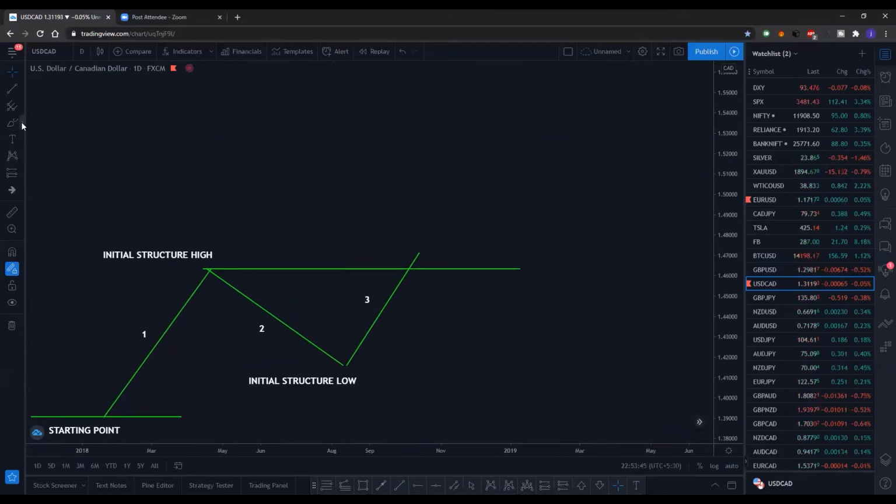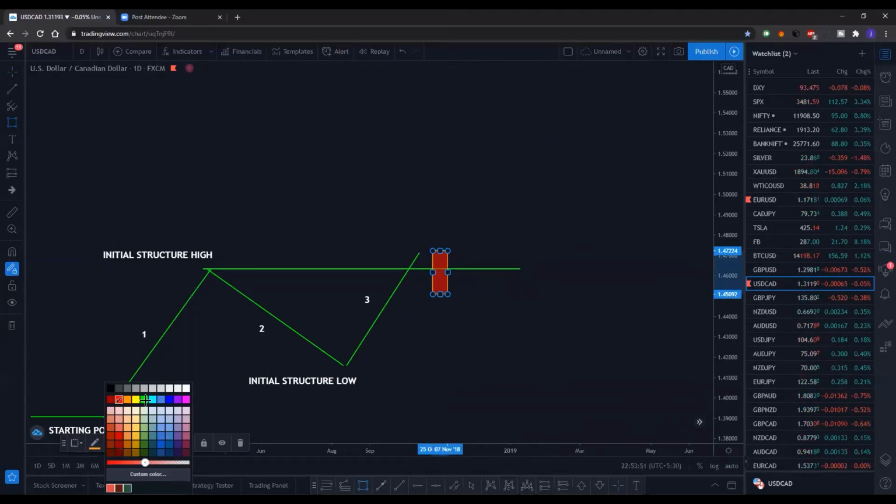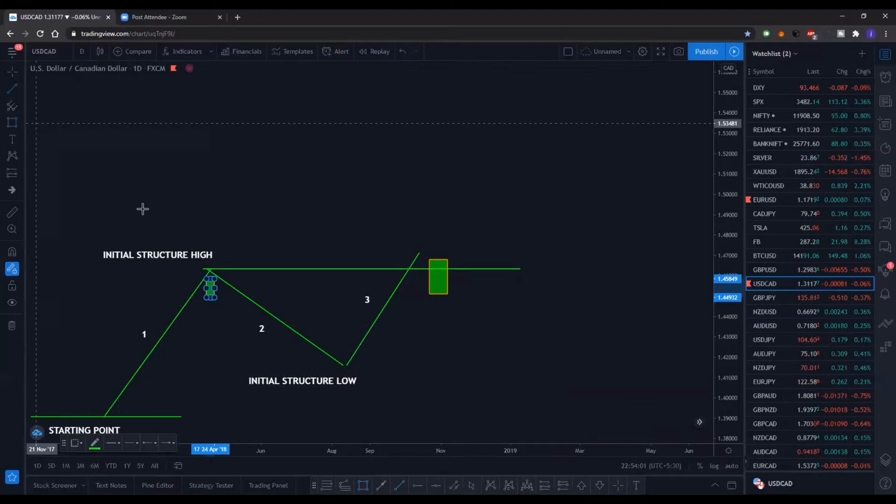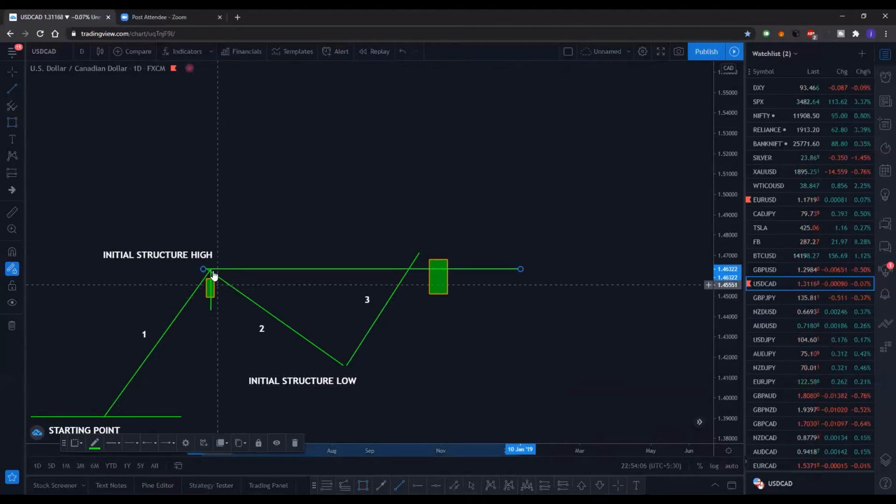What I mean by that is, let's take a candle. Not a red one. We need a bullish candle which is breaking and closing above the previous high. So let's say that we have a candle somewhere like this with a spike, or over here.